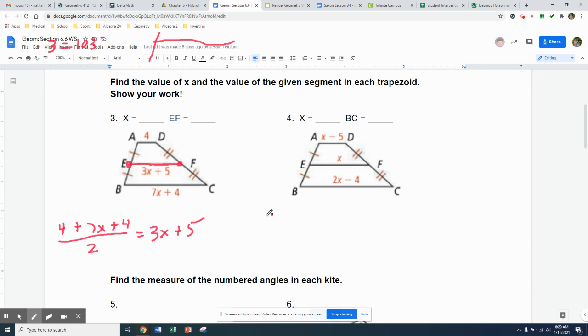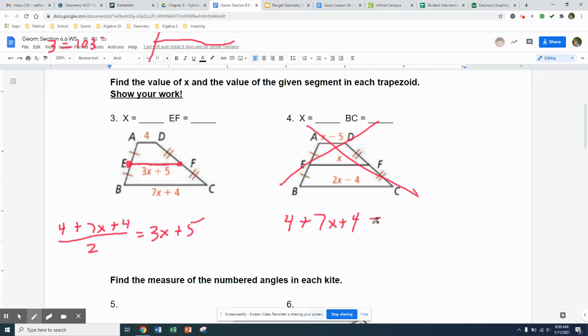And in your notes, you also talked about timesing it by 1/2, and that's doing the same thing as dividing by 2. But if I wanted to solve it that way, I could set up an algebra equation like so. Now over here, I'm not doing this problem, but over here I could set this up. I could take my two bases, 4 plus 7x plus 4.